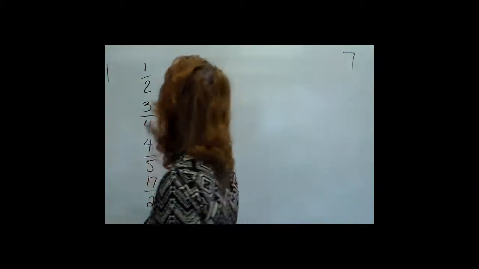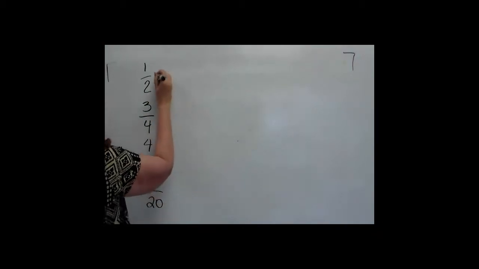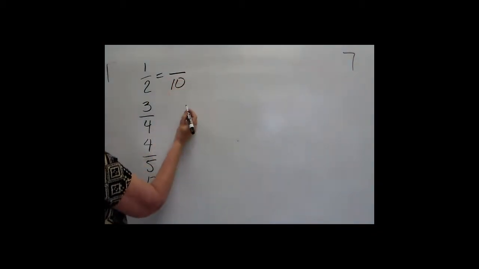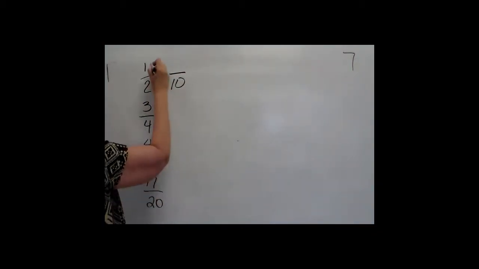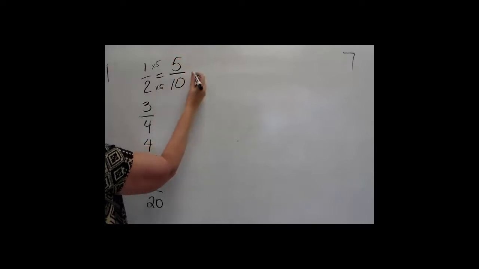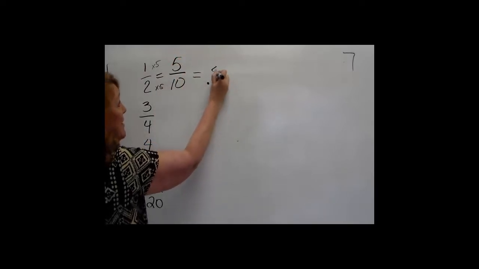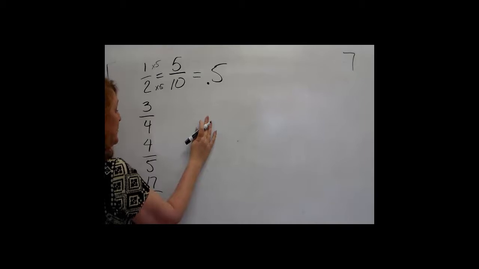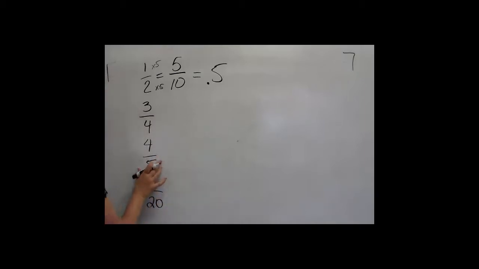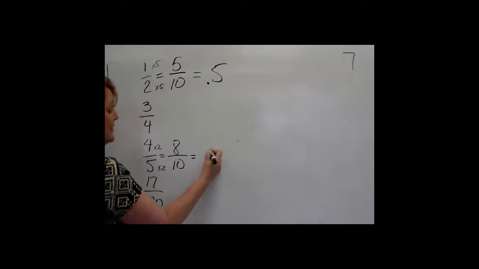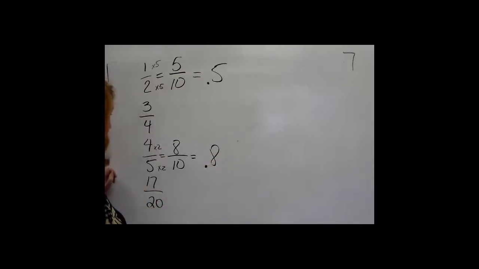For example, I know that 2 goes into 10 just by multiplying by 5. And if I multiply both the top and the bottom by 5, I have 5/10. I also know that 5 goes into 10, so I can also times 2 and easily turn this into a decimal.